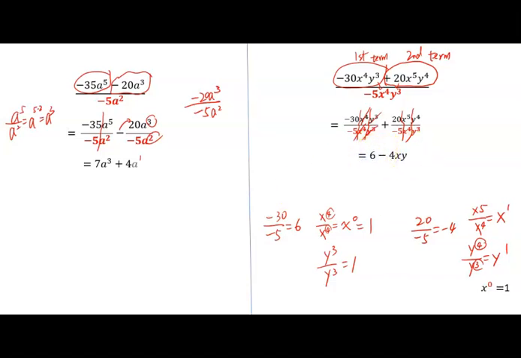Again, the 6 just comes from negative 30 divided by negative 5. And all the x's and y's are canceled out. They're supposed to have times 1 times 1, but 6 times 1 times 1 is also 6. And because these are not like terms, be careful, we cannot subtract 6 and 4xy because they are not like terms. 6 is just the number 6, but this one is not the number 4, it's 4xy.